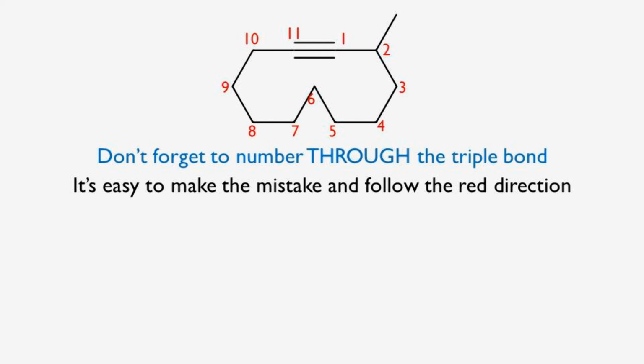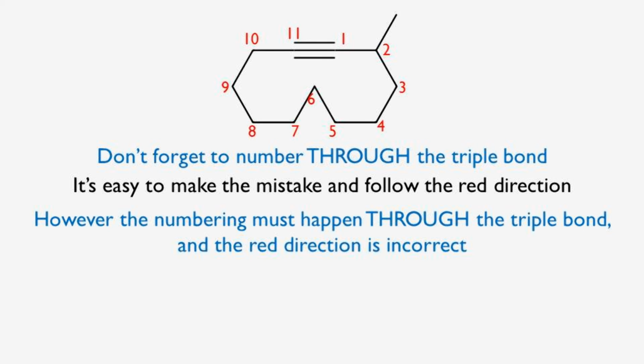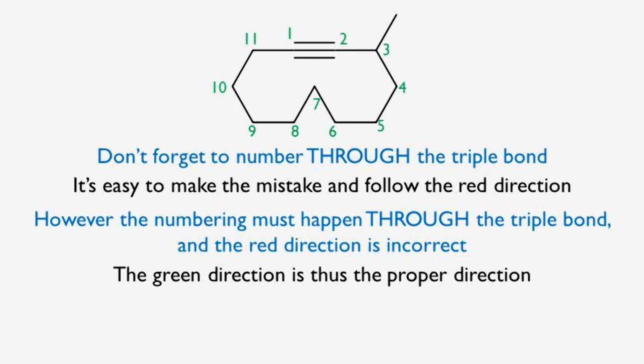In the case of this cyclic alkyne, it is easy to forget this rule and go along the red direction to give the triple bond the smallest number possible and the substituent methyl also the smallest number possible, which is number 2. However, this is an incorrect numbering because you're not going through the triple bond. The correct numbering would be according to the green direction, which is through the triple bond.